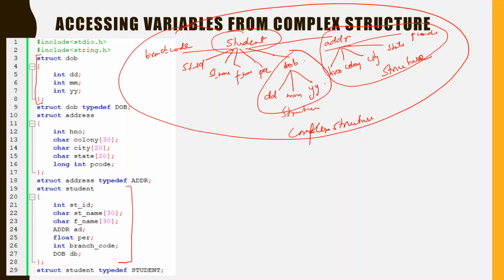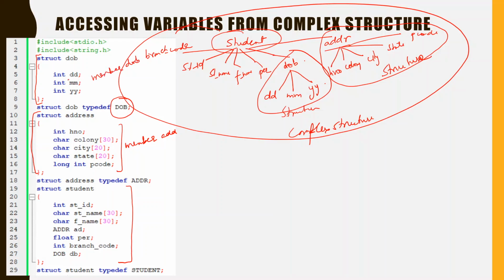So that is the date of birth structure that is created, and its user defined data type has been created as DOB. Here you can see that this structure address is created, and this structure address is going to have these members. So these are members of address only, and these are members of date of birth only.